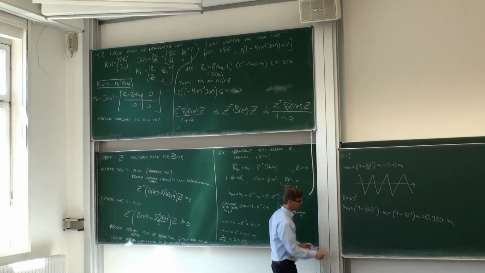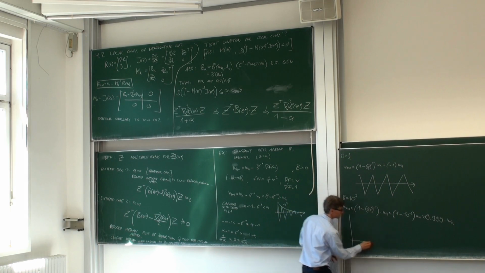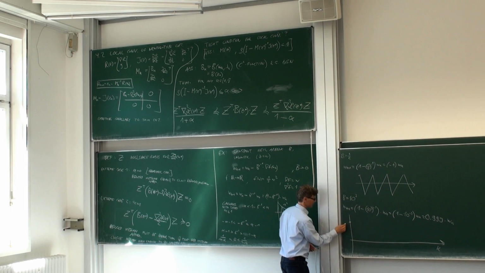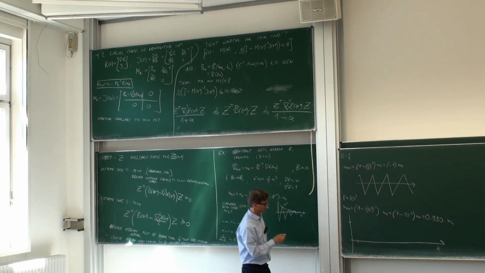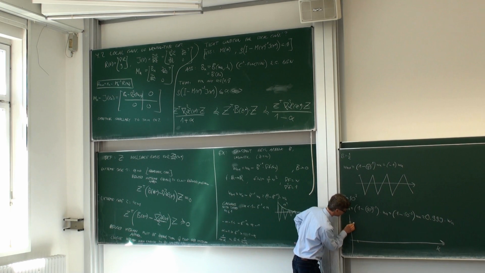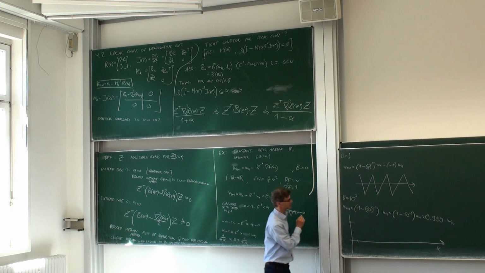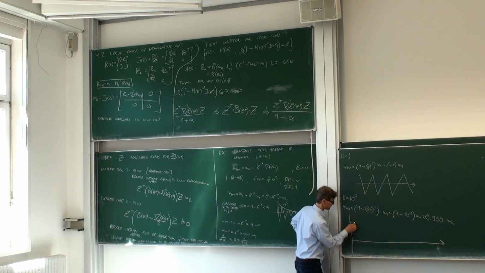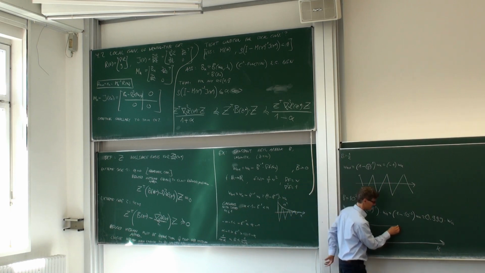How does that look? If this is the index k, iterations, and here's my starting point, then after one iteration I will have improved. It's of course difficult to plot it by a percent of a percent, or a tenth of a percent, and so roughly speaking it will converge.